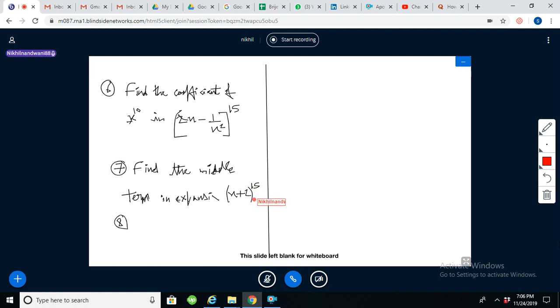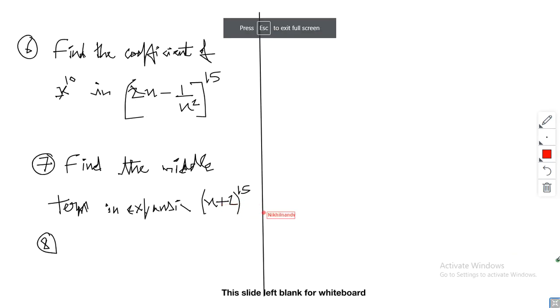Can you tell me how we'll do this? How many terms will it have? It will have 16 terms, right? So I need to find the middle. Okay, we'll do this question and find the greatest term.